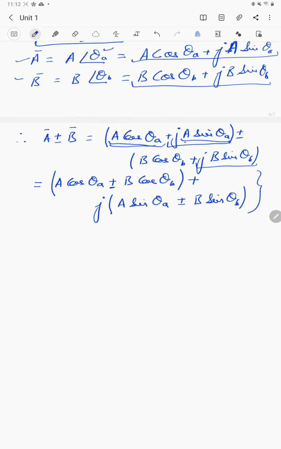After addition and subtraction, you can see that the real parts are added or subtracted together, and the imaginary parts are also added or subtracted together. The same rule follows. Okay, this rule for addition and subtraction can be extended to three or more phasors.